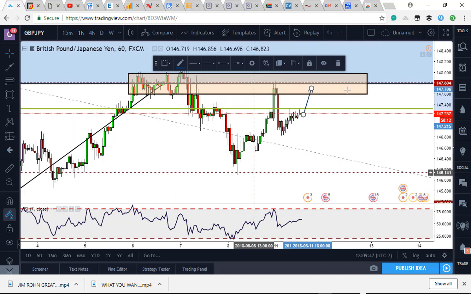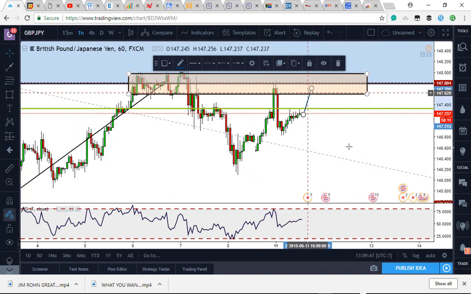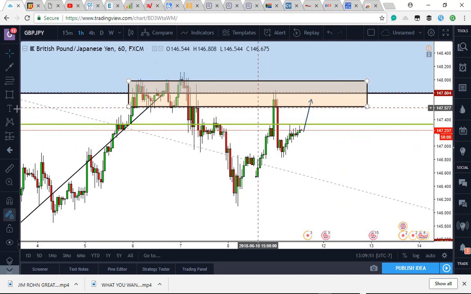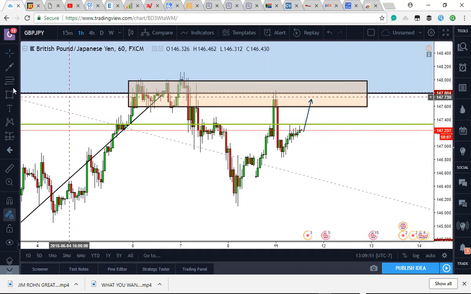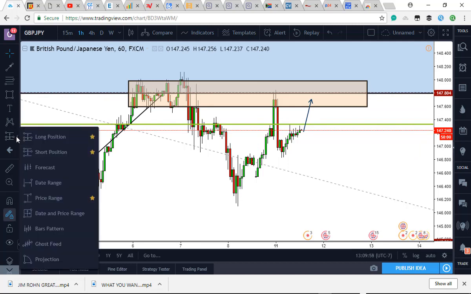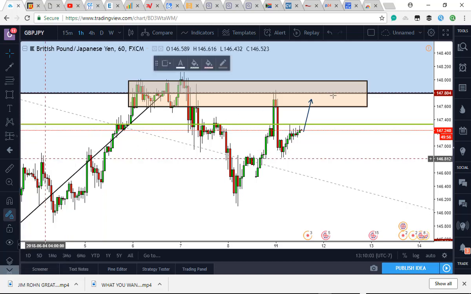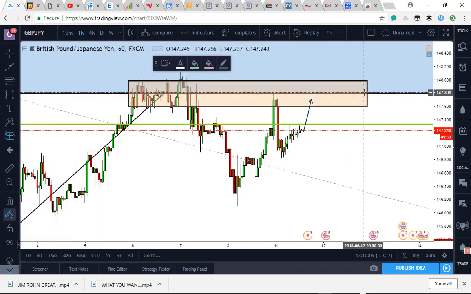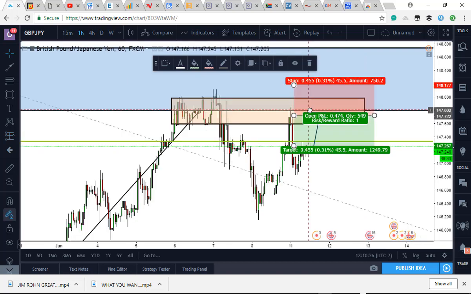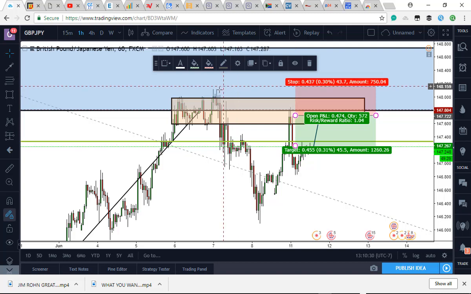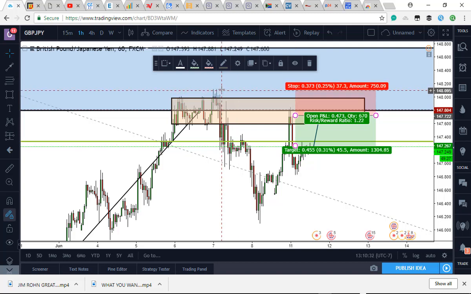Now if this does happen, let me grab my position tool. We're going short, so assuming we do get a trade around our core zone, the stop loss would have to be just a few pips above this highest high.